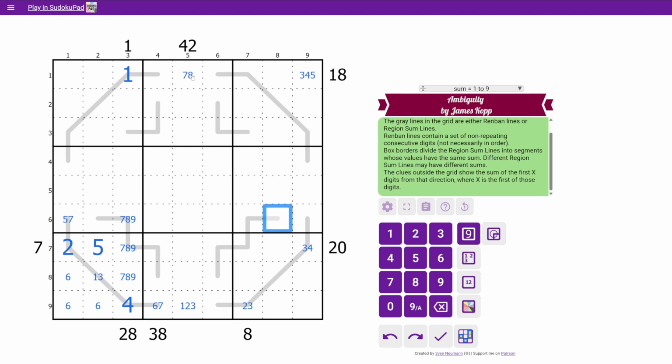So, what do I think now? This was 7. Could be 1, 3, or could be 1, 1, 2. Can this still be 1, 2? Yeah, it can. If it was 8, it would be a 3. And it can't be... wait, could this be 6?